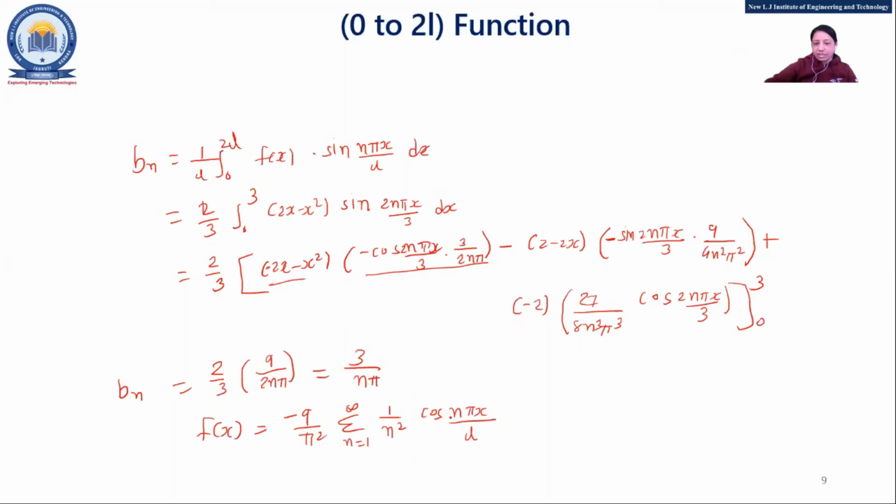So you can write here 3 by 2 also. So that is your answer, plus Bn. Bn is 3 upon n pi, so I'll write only 3 upon pi, sigma n equal to 1 to infinity, 1 upon n with sine n pi x by L. So that is your answer.